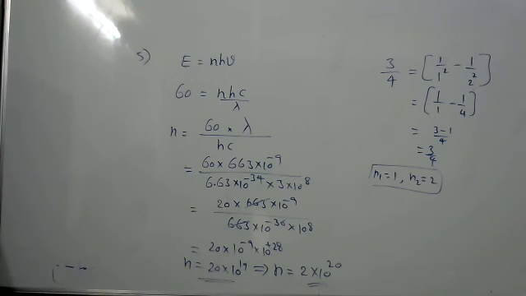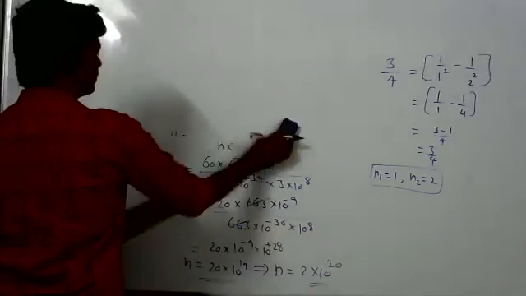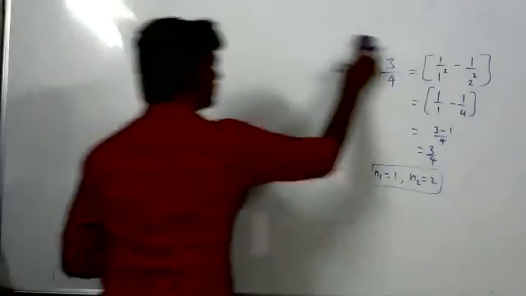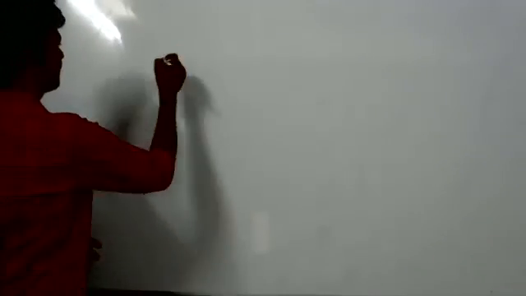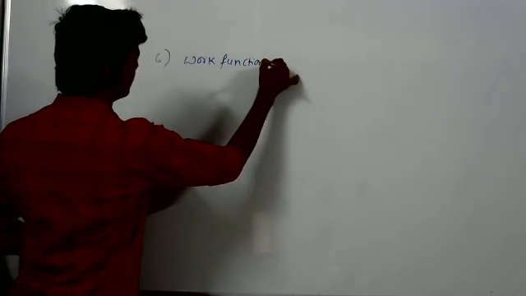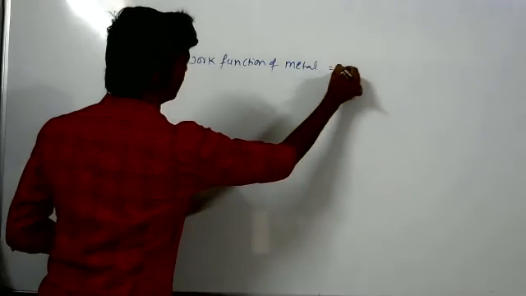Okay, we have to calculate the photoelectron ejection velocity. Here the work function is given as 1.9 electron volt, and the radiation wavelength is given. We can calculate how much energy is releasing from there. The work function of the metal is 1.9 electron volt.